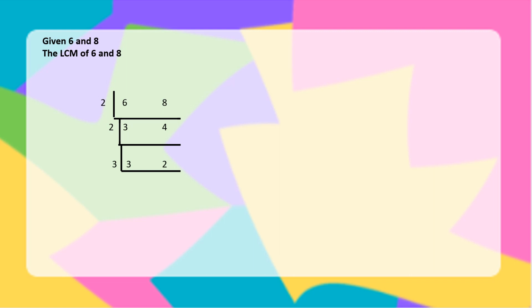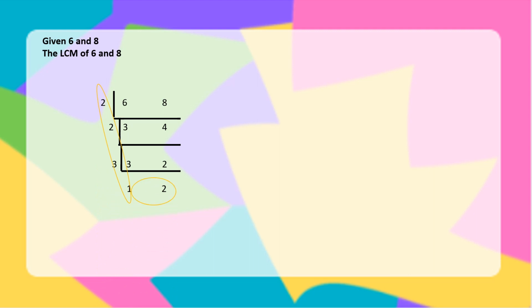So, we need to divide it again by 3, since 3 can be divided by 3, but 2 cannot be divided by 3. So, 3 divided by 3 is 1, and 2 cannot be divided by 3. All we have to do is just copy. Now, all the numbers outside the continuous division symbol are prime numbers.